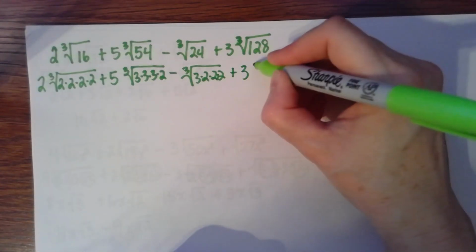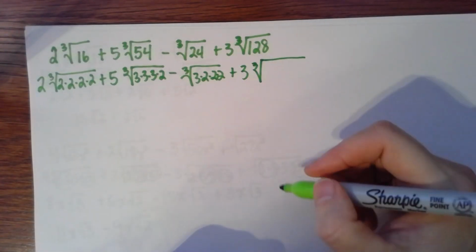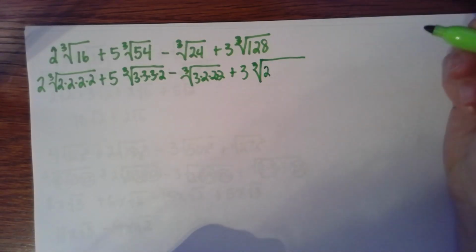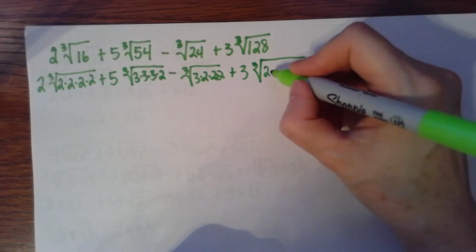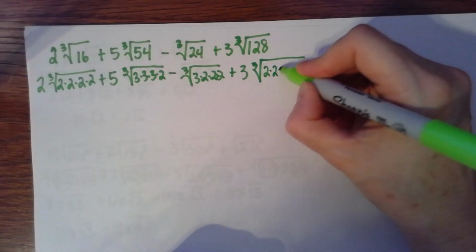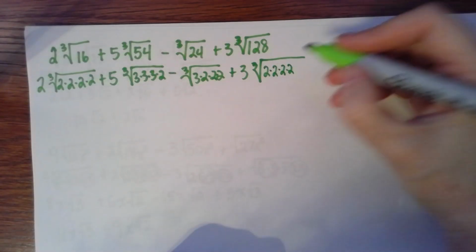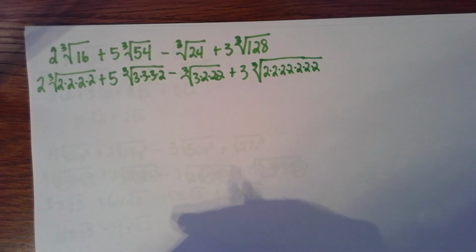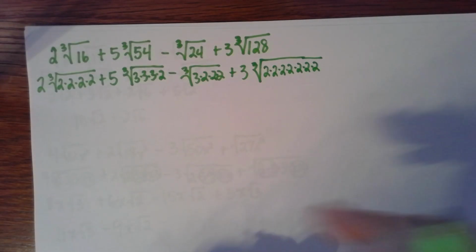And then 128, that's 64 times 2, 64 is 8 times 8. 8 is 2 times 2 times 2. The other 8 is 2 times 2 times 2. All right, so that's everything factored.